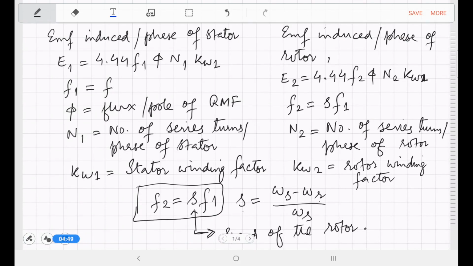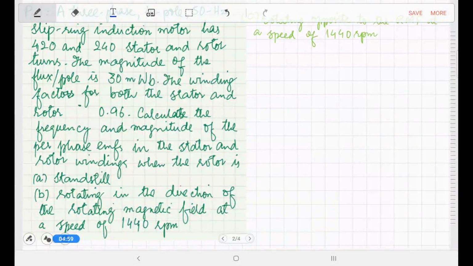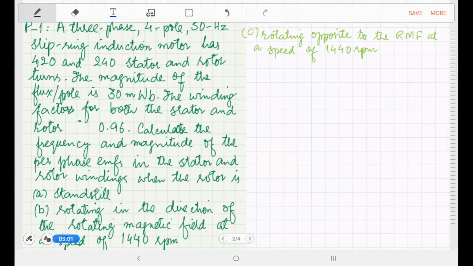To illustrate this, we'll today solve a couple of numerical problems. So let me read the first numerical problem. A three-phase 4-pole 50 Hz slip ring induction motor has 420 and 240 stator and rotor turns. The magnitude of the flux per pole is 30 milliweber.